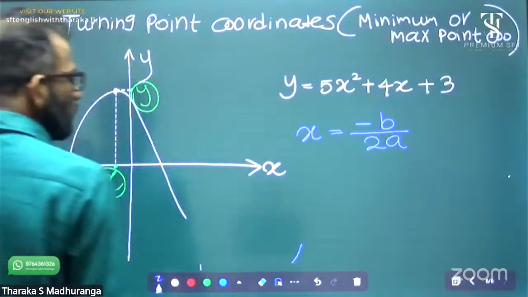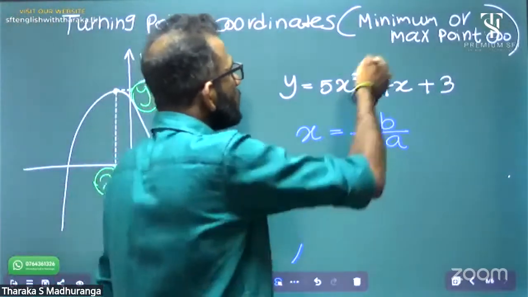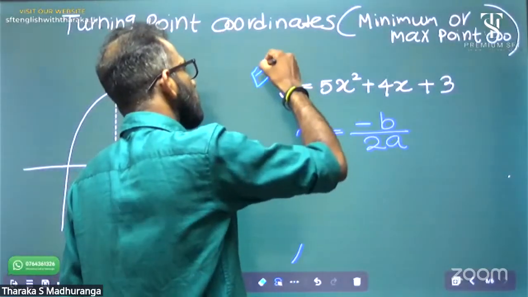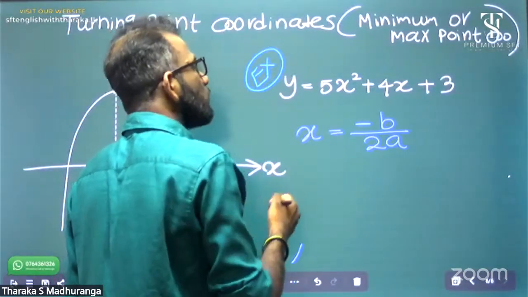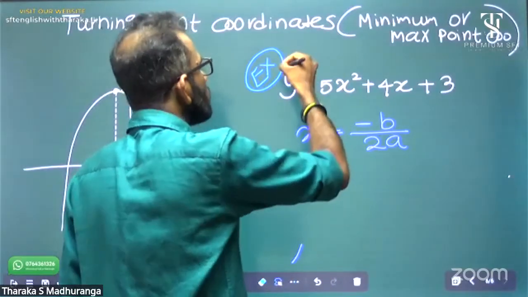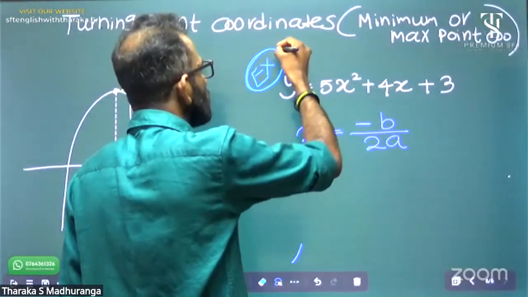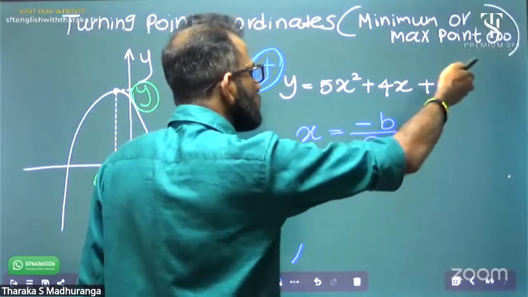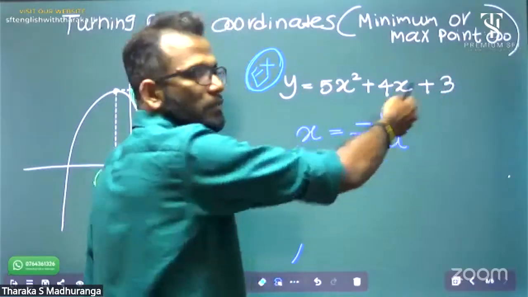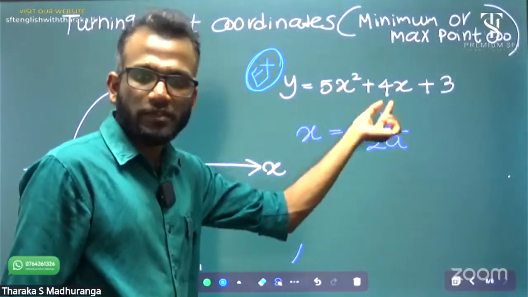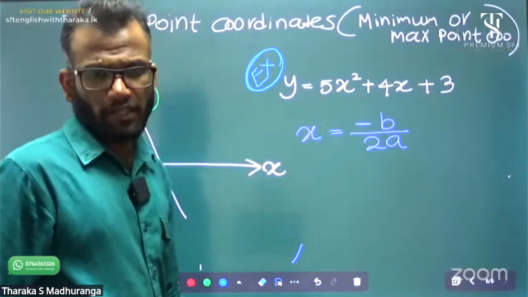Okay, now this is an example. I want to get the turning point coordinates of this example. It is a quadratic function in common order: y equals ax squared plus bx plus c.